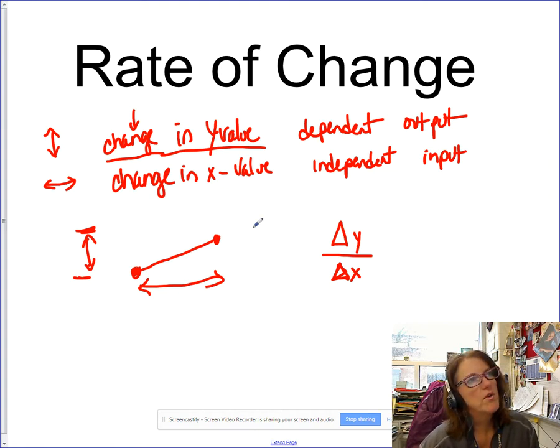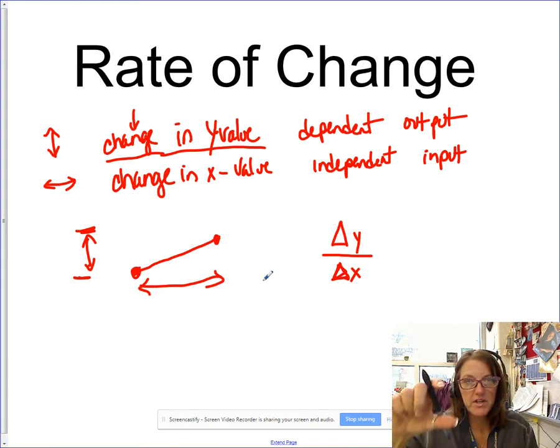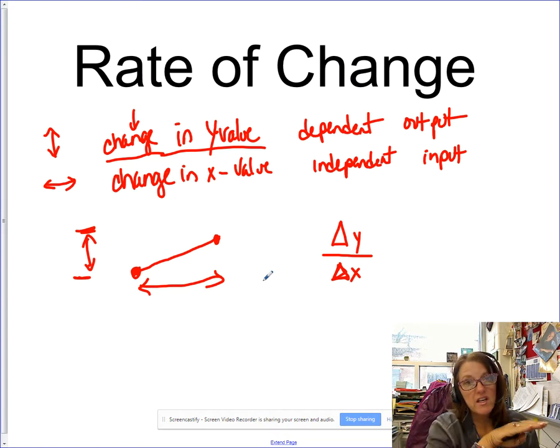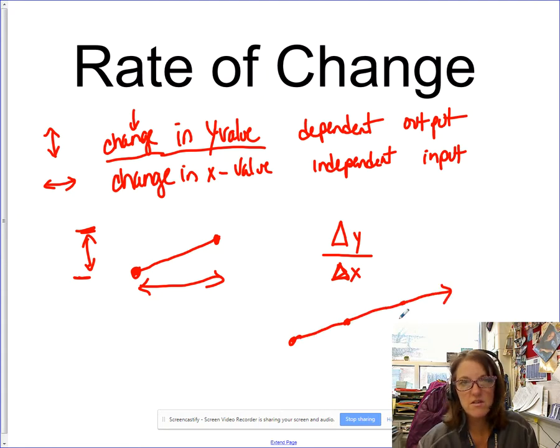Today what we're going to look at is, as I look from interval to interval, from here to here, from here to here, do I get a constant rate of change, meaning I'm progressing at a nice constant rate?